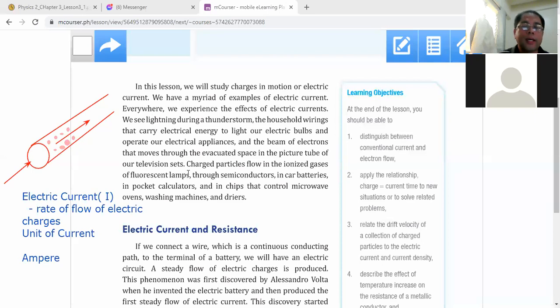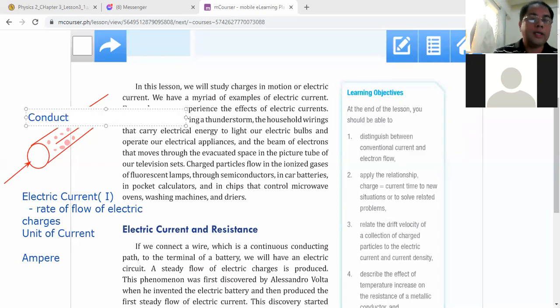How fast or how well they are moving in this wire depends on the conductor. There are materials that are really good conductors, and there are materials that are poor conductors.